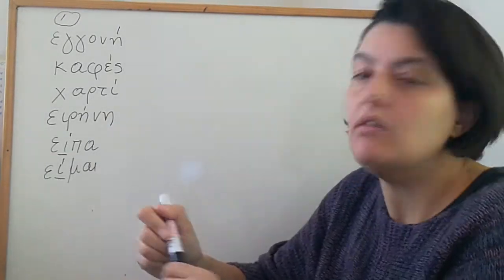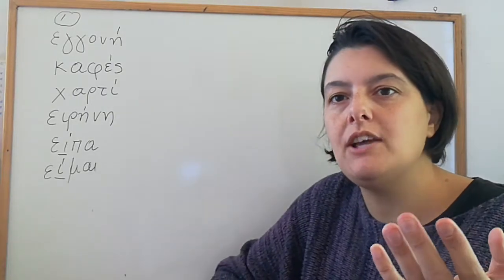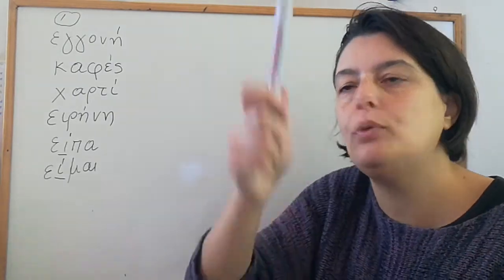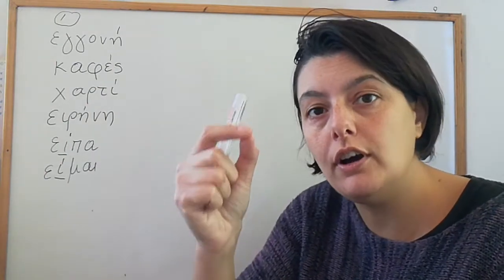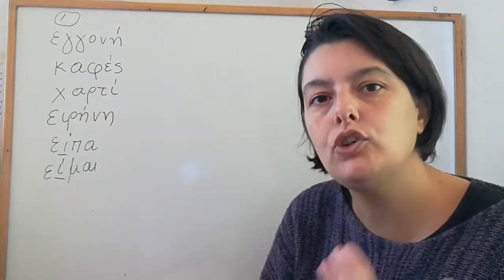Okay, so this was word stress, nothing special. The only thing you remember is that you put a small line, let's say, a small stress over the vowel that you want to stress.